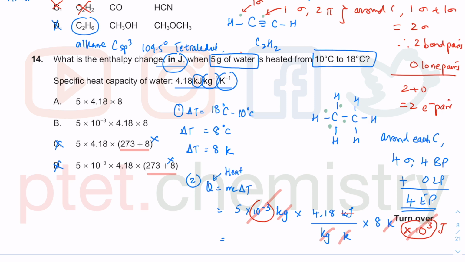So realistically speaking, I do not have that 10 to the minus 3 because the unit will cancel out when I multiply the whole thing, which would give me kilojoule, but I multiply by 1,000 to convert it to joule as required. So 10 to the minus 3 and 10 to the 3 will cancel out. That means that cannot be the correct answer. Only A can be the correct answer. That's very confusing. Very good question there.